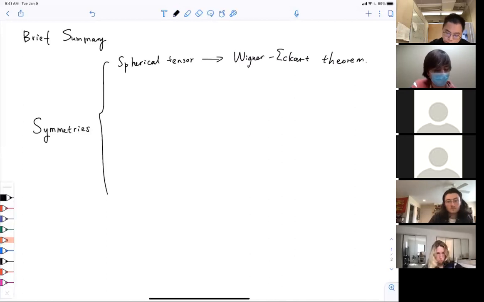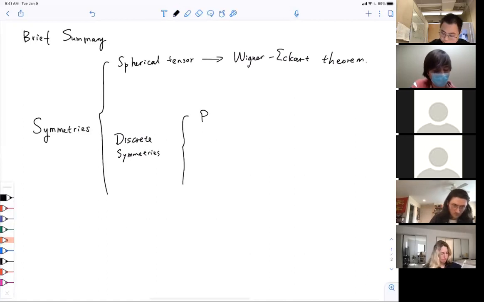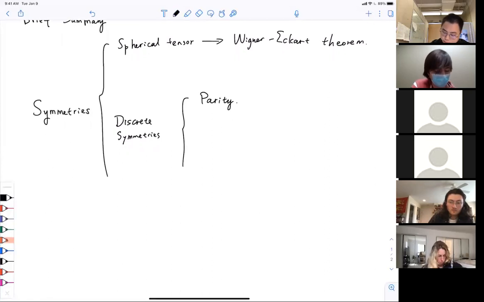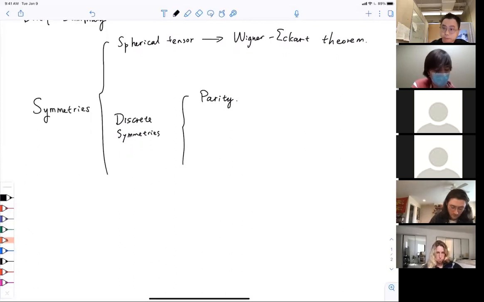Then we talk about some discrete symmetries. Basically, the parity, which is actually very important. It will always give us some selection rules in a transition induced by some external perturbations. I will talk about this later.